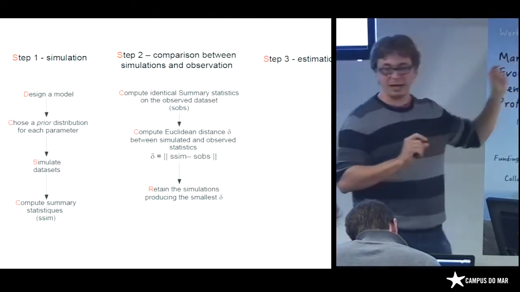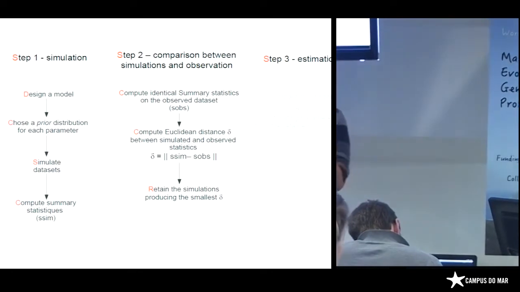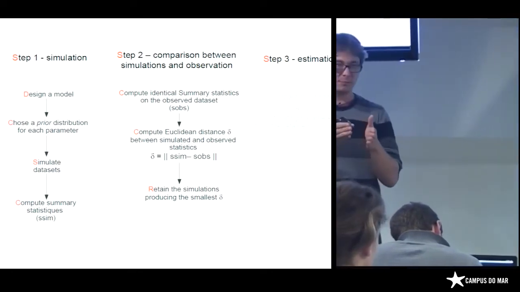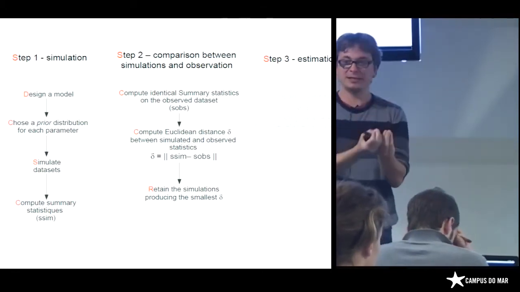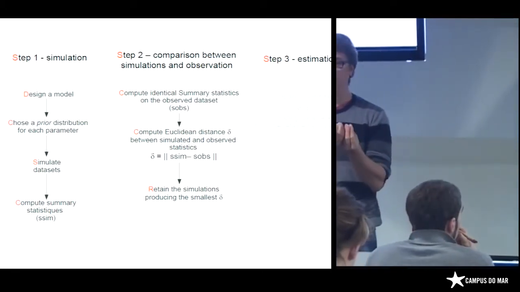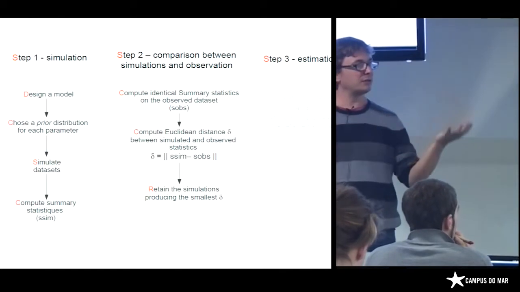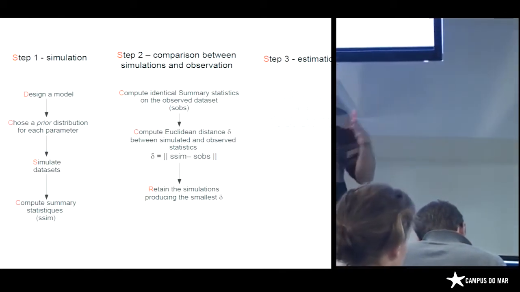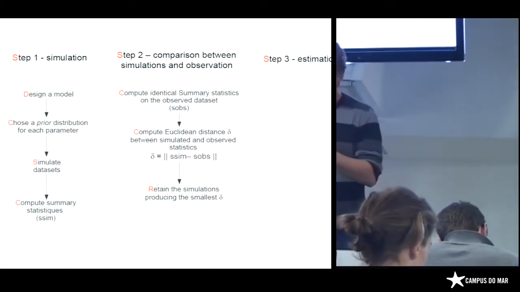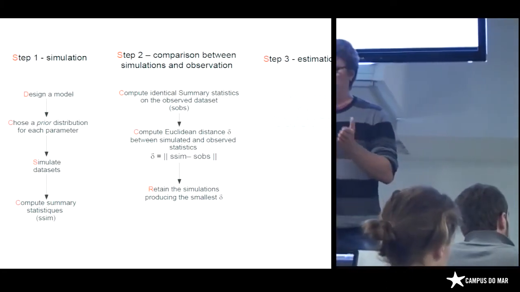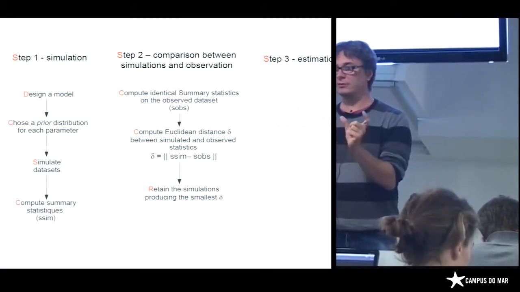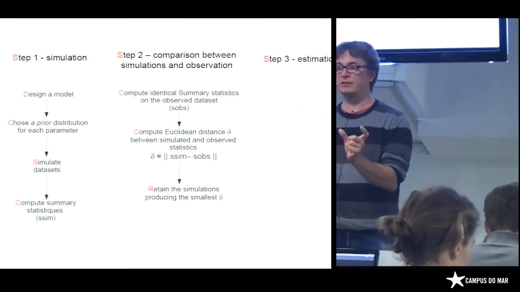So maybe here I should explain there are two objectives in model fitting. You have the objective of estimating the parameters of the model: the population size, gene flow, the mutation rate, the divergence time. This is one objective. Another objective is to compare models, to see what is the best model.